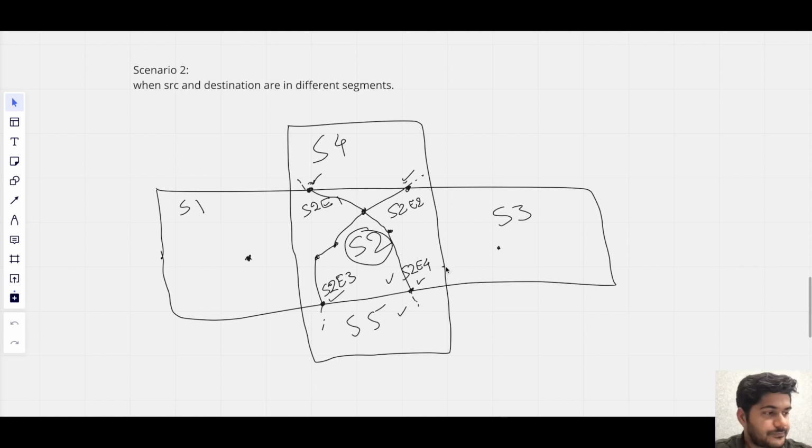Then from S3 how to reach to this, because now they are in the same segment. So how to reach till here. Now my number of vertices, because I will ignore all the points which are inside a segment, I am ignoring those. My number of vertices is something I want to reduce so that I can run my algorithm again on less number of vertices and less number of edges. Now how can we do it?